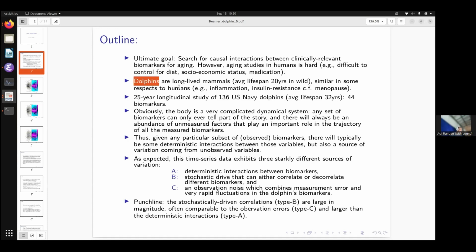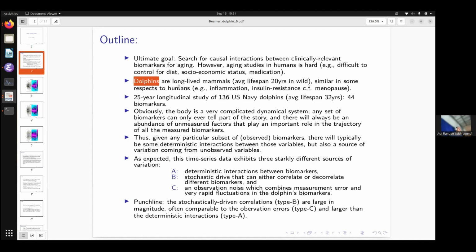So, the hope was maybe we could learn something about the causal relationship between biomarkers and also hopefully learn something about aging by looking not at humans, but at some other long-lived mammal. Now, what other long-lived mammals are there, right? There's elephants, there's chimpanzees, there's some monkeys, perhaps.